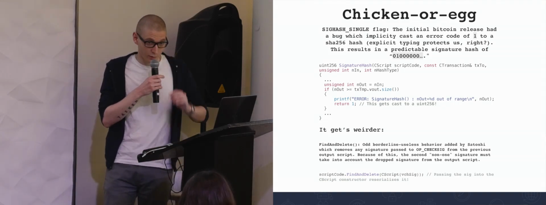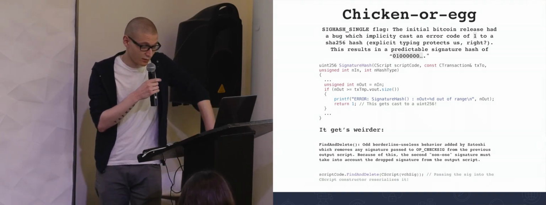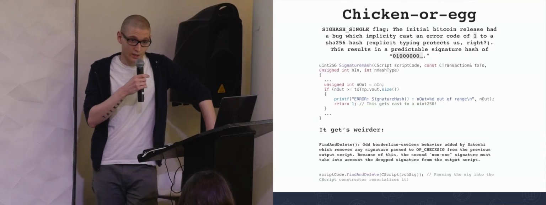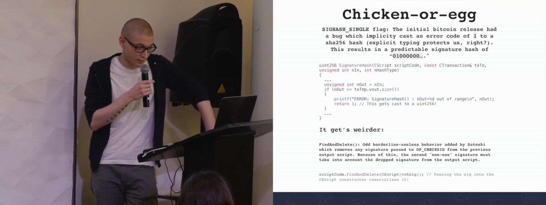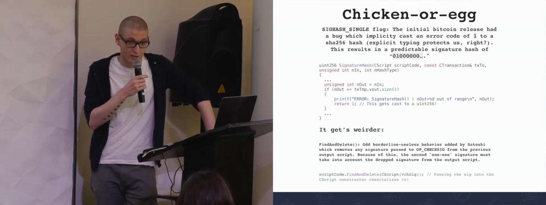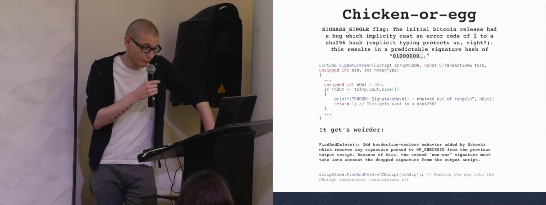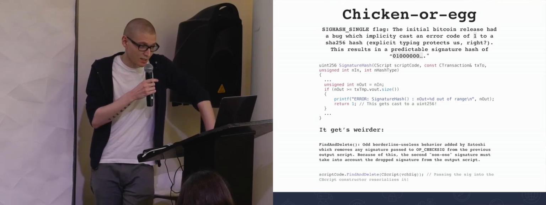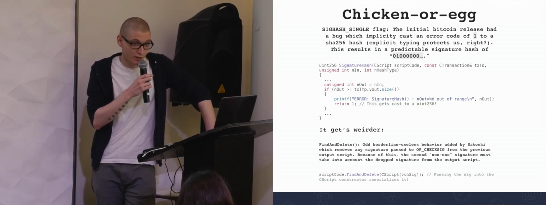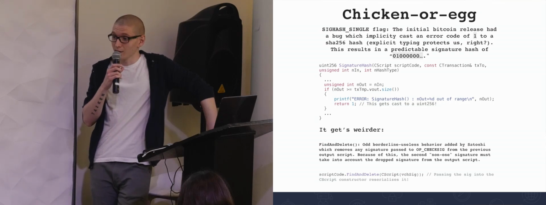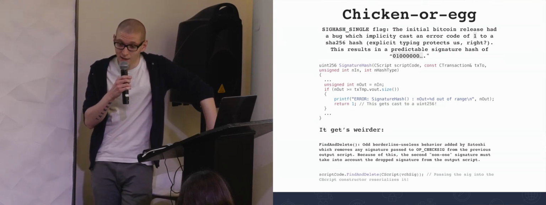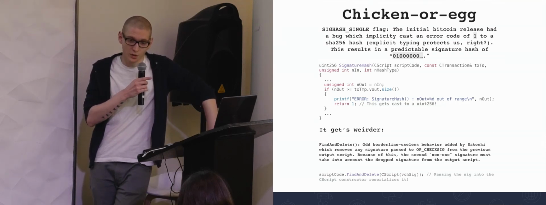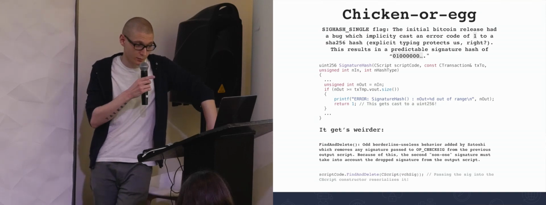So in the original Bitcoin implementation, there are different sig hash types in Bitcoin. Everyone is used to sig hash all, but there's also a sig hash single. Sig hash types hash the transaction differently when they're creating signatures. And what sig hash single does is it only signs the output at the current input index for the signature you're creating.